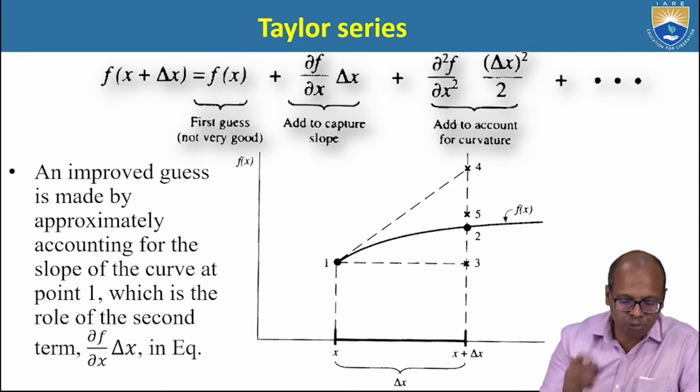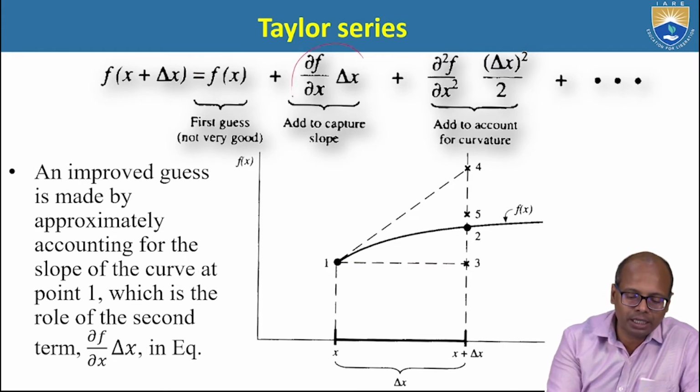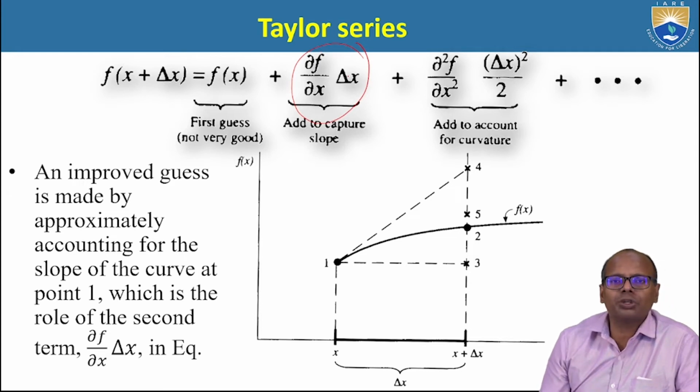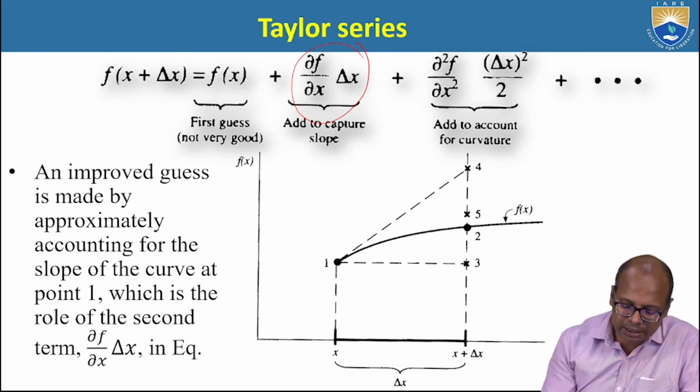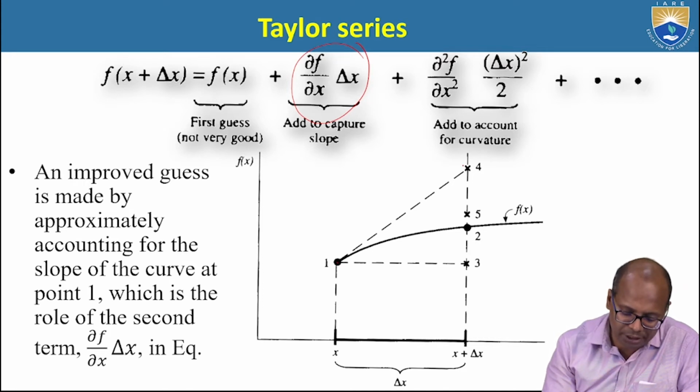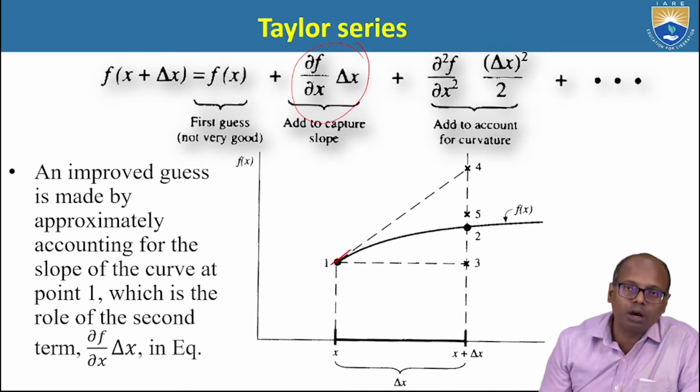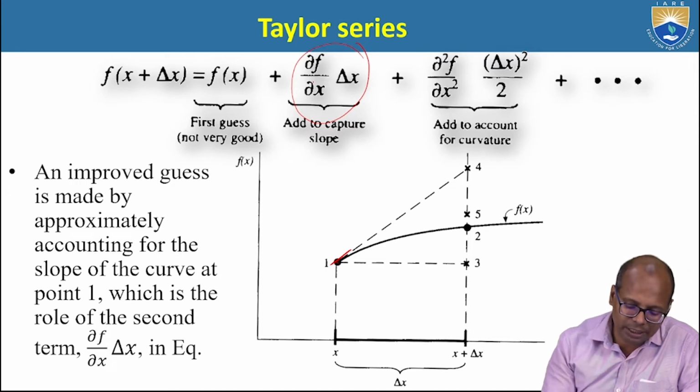Now what I am doing is taking dou f by dou x into delta x. It is considering the slope from point 1 to point 4. At this point, it takes the slope of the function f and multiplies it with delta x, so the value will go up to here.